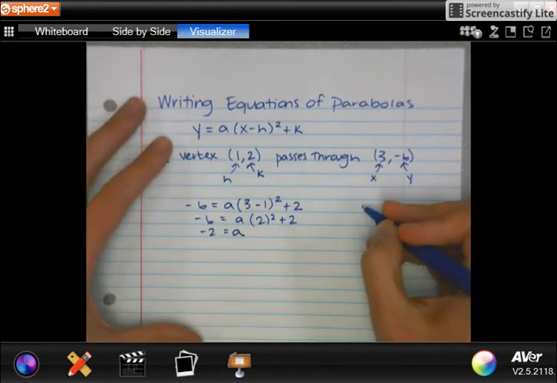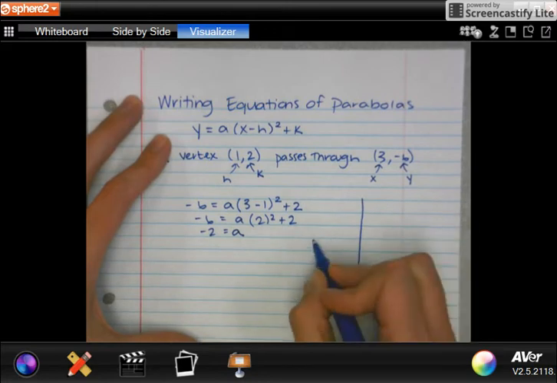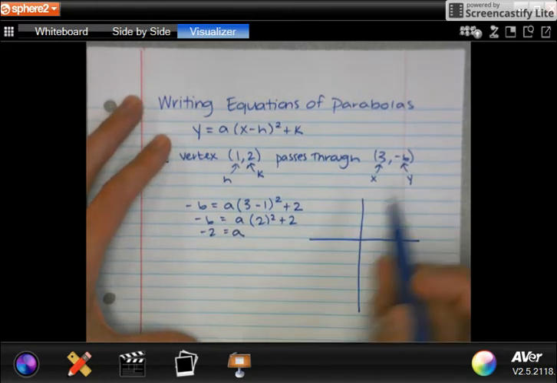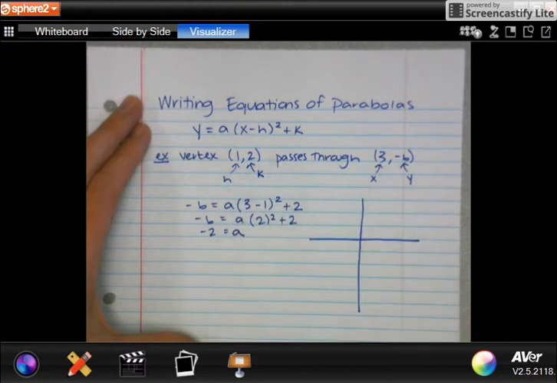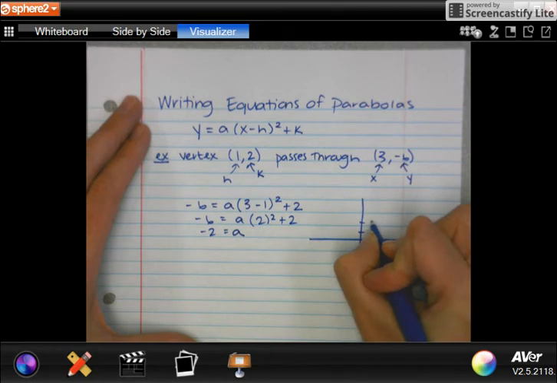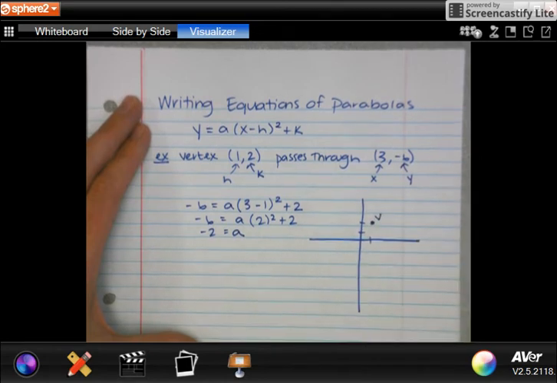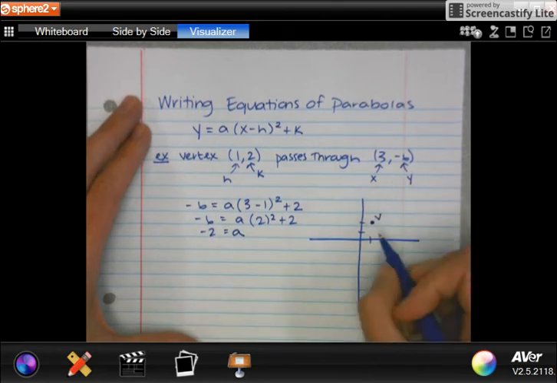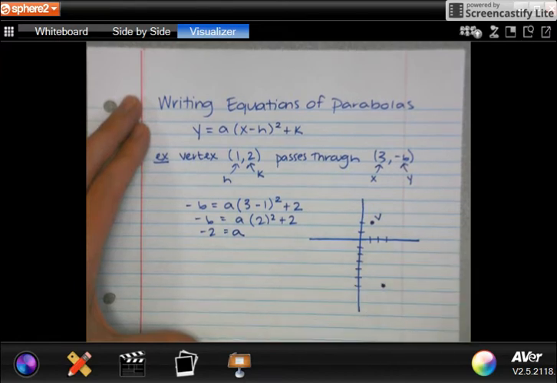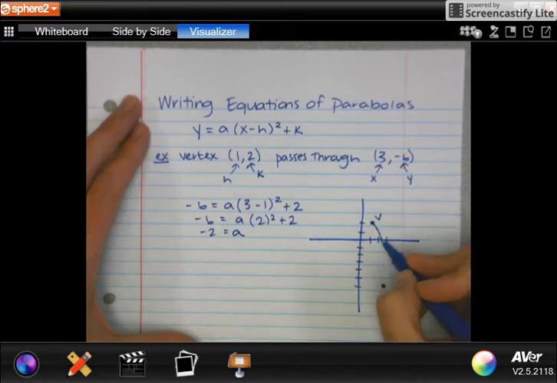Now, the question I might ask myself is, does it make sense to get a negative a value? I would answer that question by thinking about where the vertex and this other point would be. So if the vertex is at the point (1, 2), and this other point that the parabola has to go through is (3, -6), does it make sense that we would have a negative a value?